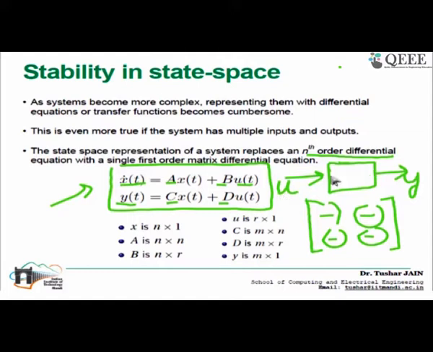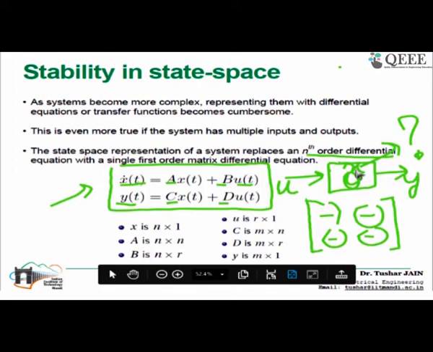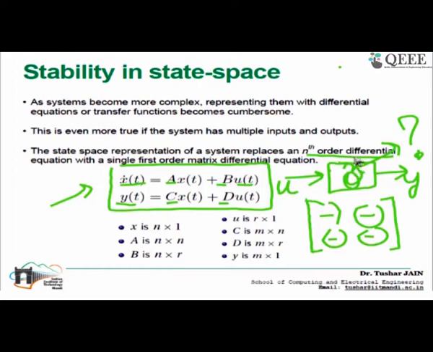But when I say that the state is an internal variable, it is somewhere inside. How can you measure it? For the moment, assume that you have a representation in such a way, and you have an assumption also that this x is measurable.